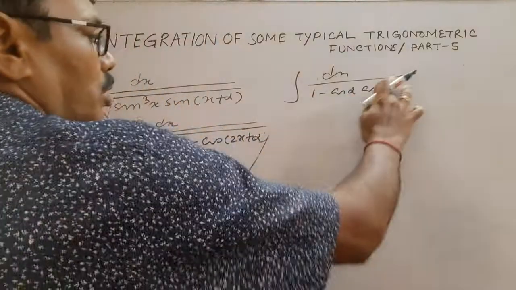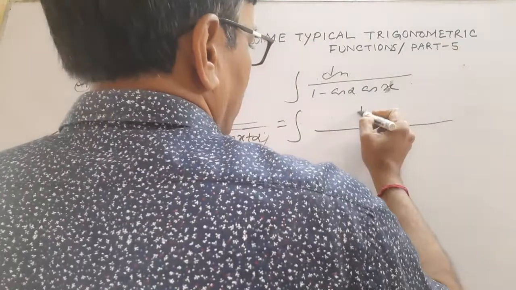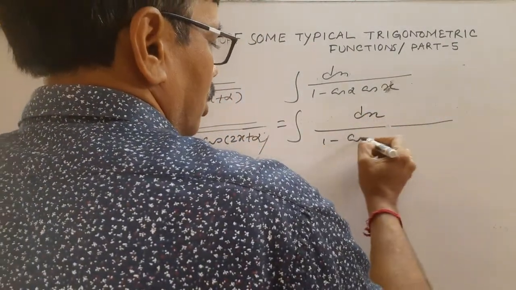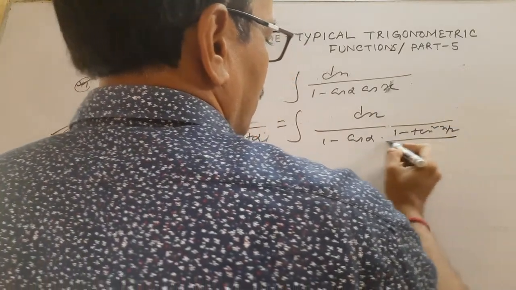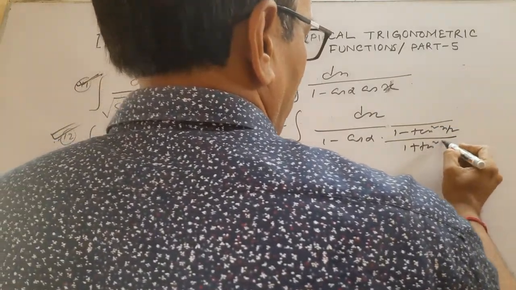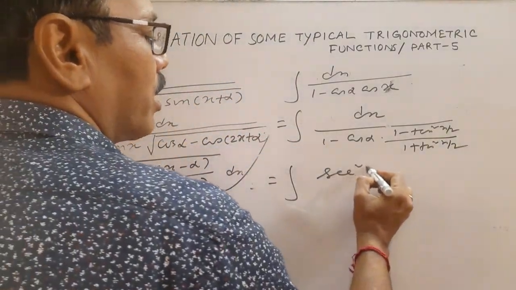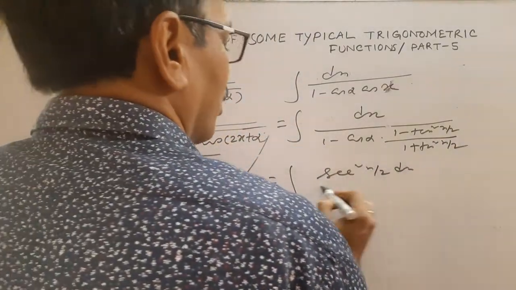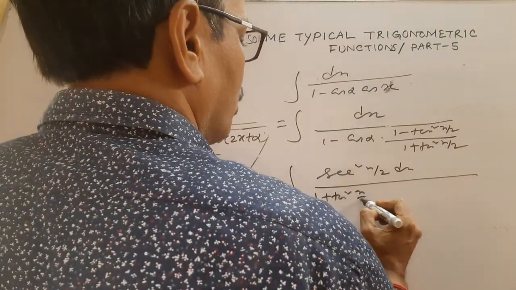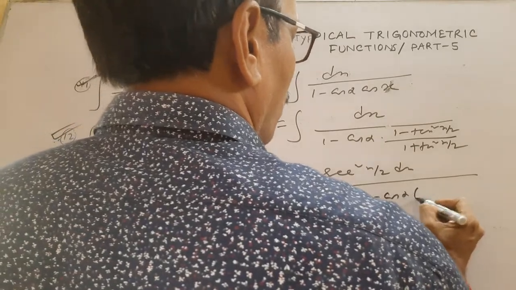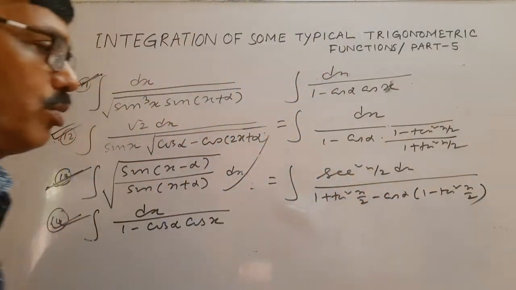You know you have to express cos x in terms of tan x by 2: 1 minus tan square x by 2 over 1 plus tan square x by 2. So this is sec square x by 2 dx, over 1 plus tan square x by 2 minus cos alpha into 1 minus tan square x by 2.